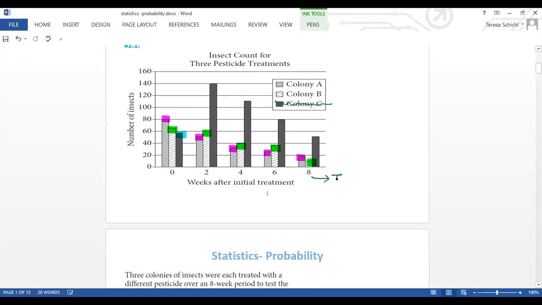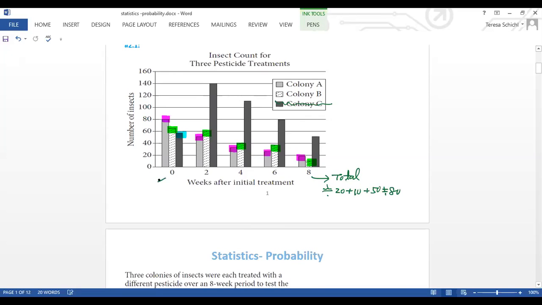Let's see the total approximately. This is approximately 20, plus this one approximately 10, and this one is between 40 and 60, so it's 50. So it's about 80.